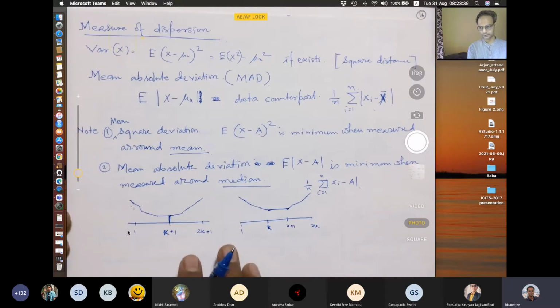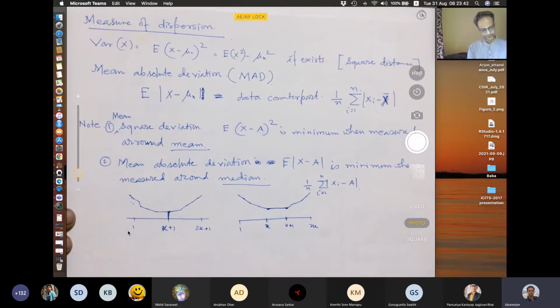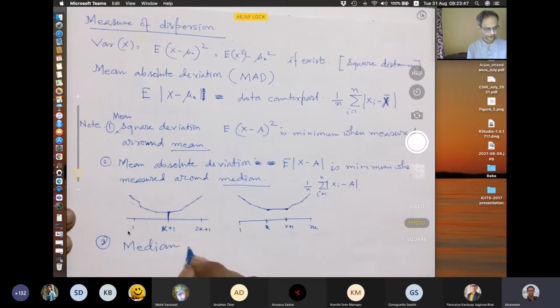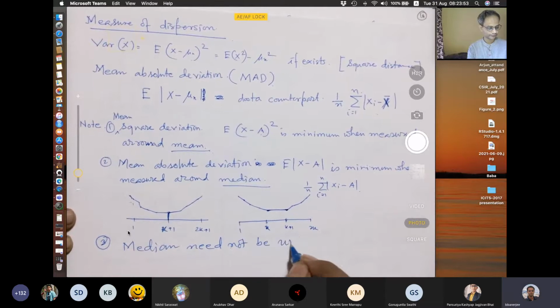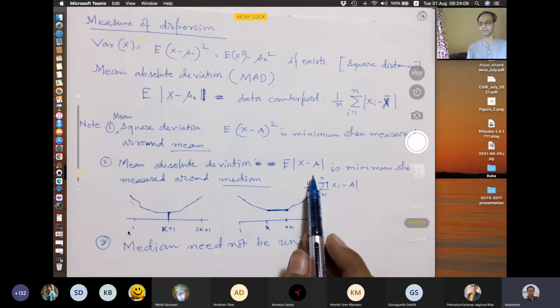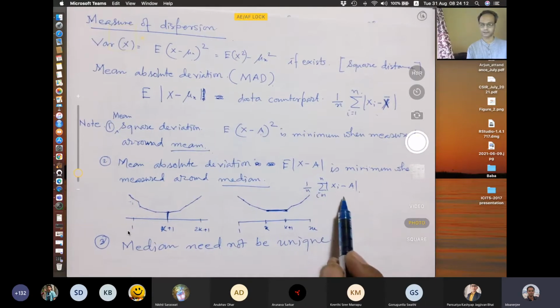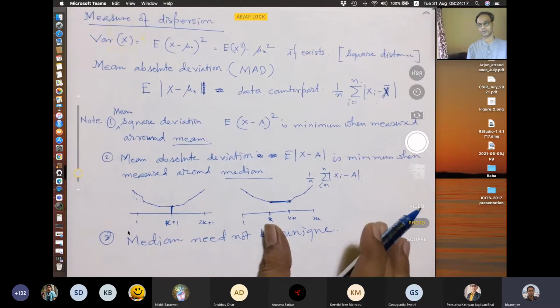So the point is this: the median need not be unique. All the points between these two, including these two, can be the median. That is true for the theoretical version of the random variable, as well as for the data counterpart. So the median can be more than one.